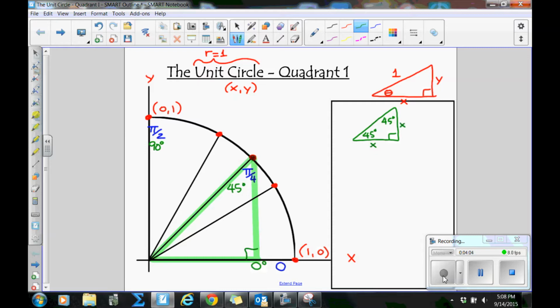The legs have the same length because it's on the unit circle radius of 1. To figure out the x value, I could use Pythagorean theorem. A squared plus b squared equals c squared. That gives me 2x squared equals 1. Divide by 2. Take the square root.